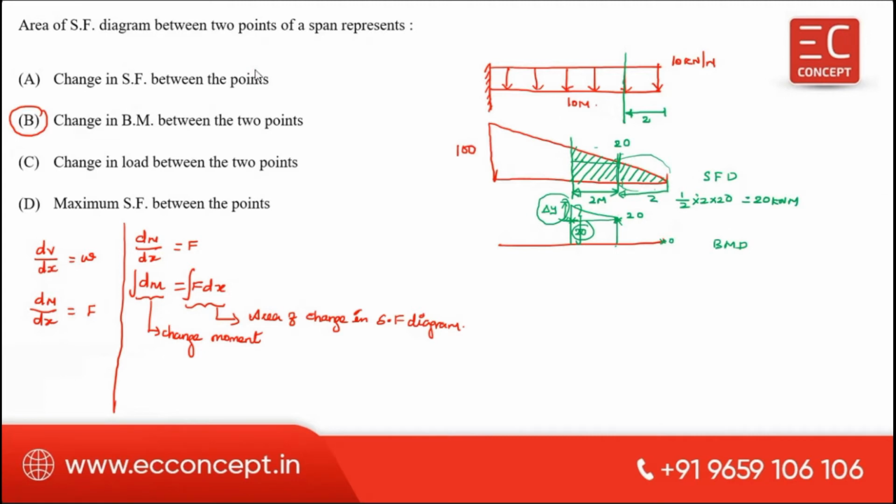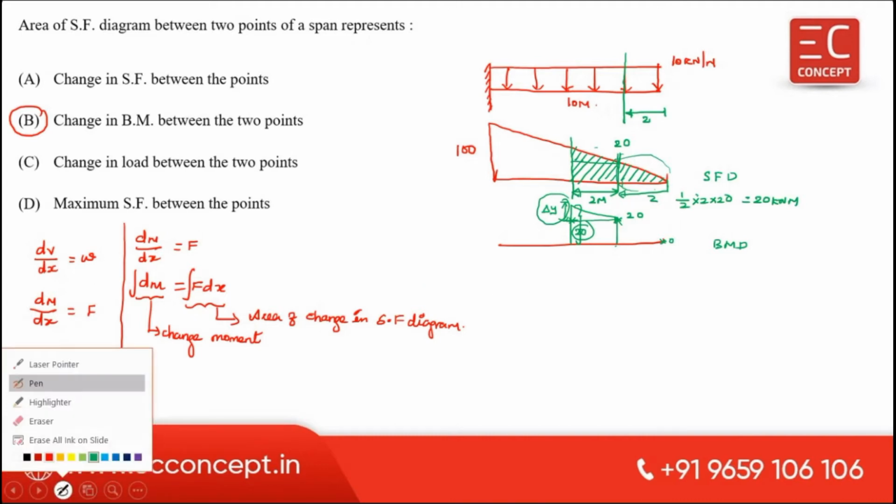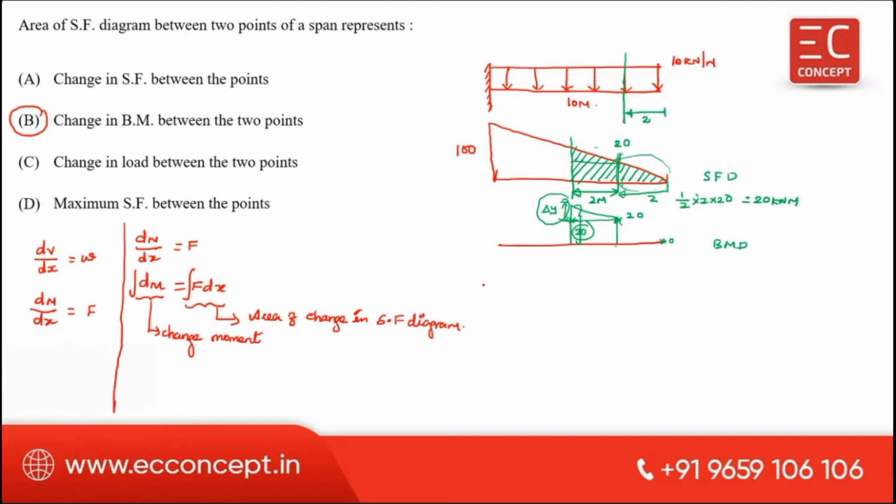Similarly, I can write one more point from this equation, that is dV by dx equal to intensity of load. Actually, here I take F, therefore this also you have to take F only. Shear force is represented by F. Therefore, change in shear force equal to what? Area of loading diagram.